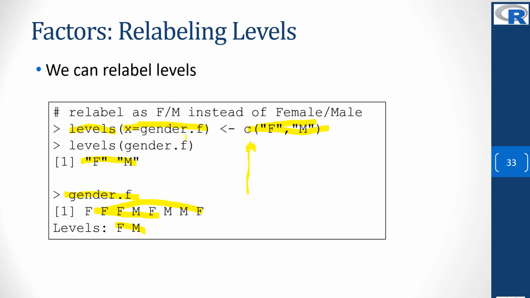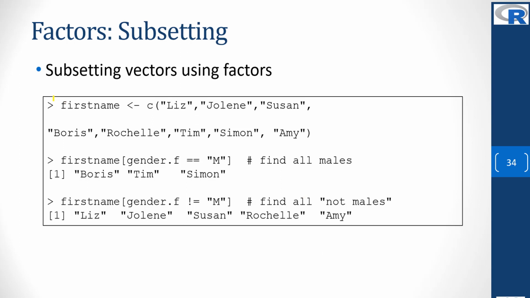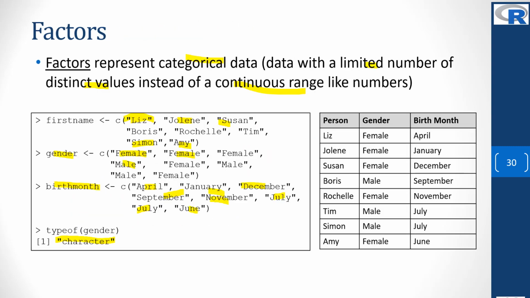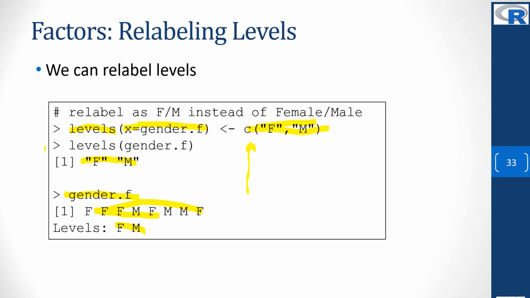So we can use factors to do subsetting with our vector. Here's a short list of first names with character values. This is the list from our previous example. And we had the assignment of gender, if we go back to that slide. So here we assigned in the order of the names, the gender, in a separate vector called gender. But remember, we converted that to factors.